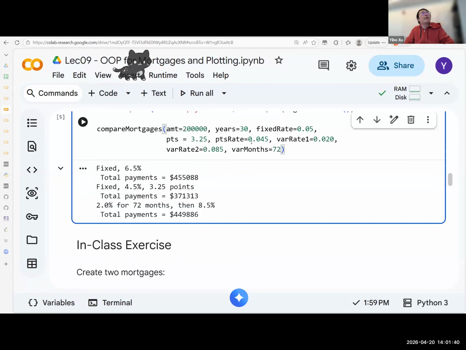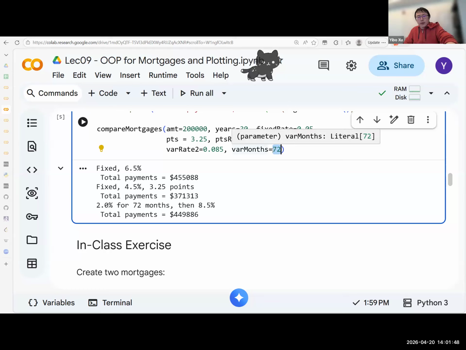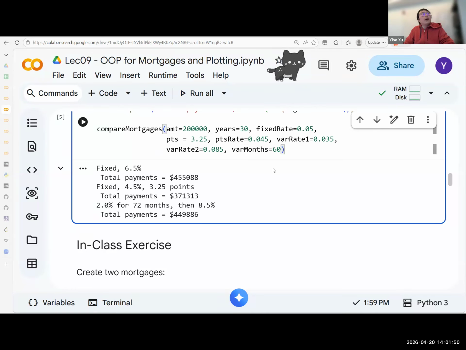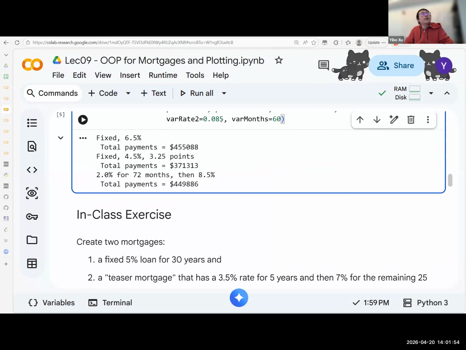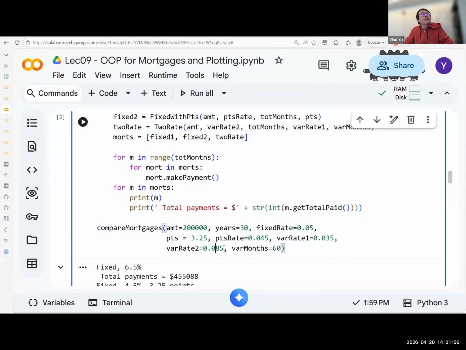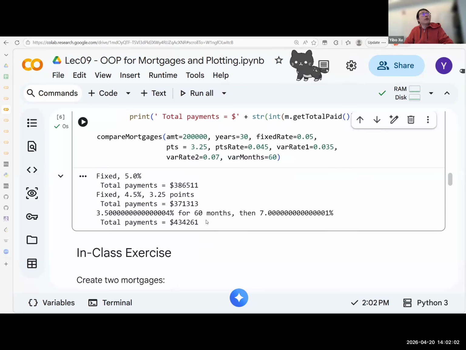So 3.5 for 5 years. So that's 3.5. 5 years is going to be what? It's going to be 60 months. And then the larger rate is 7%. Okay, so let's do 7. And that should be straightforward.